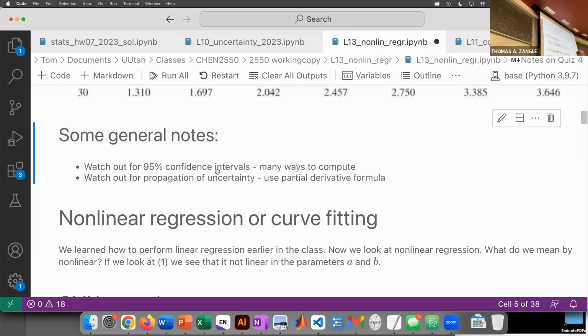We have 95% confidence intervals on our linear regressions. We had 95% confidence intervals when we have a paired sample t-test and so on. So we've looked at many different ways of computing 95% confidence intervals depending upon exactly what situation we have. And so in some sense, one of the key things that I'm going to be quizzing you on is knowing when to use which one of those expressions or methods. Okay, so that's something to get straight as you're studying.